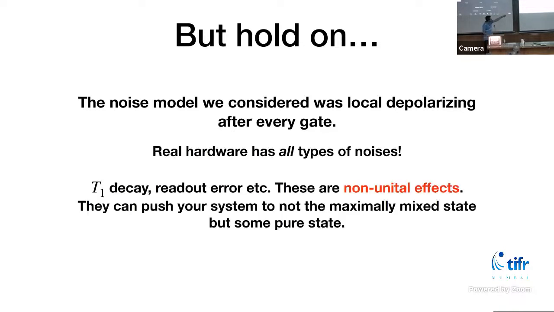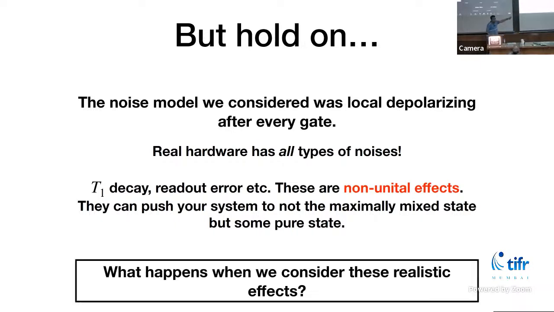But this is too simple. Real hardware has all types of very complicated noises. These are called non-unital noises. There's a whole bunch of them, depending on the gates you have, depending on the measurements you have. And the behavior of these noises is very different from the depolarizing noise.